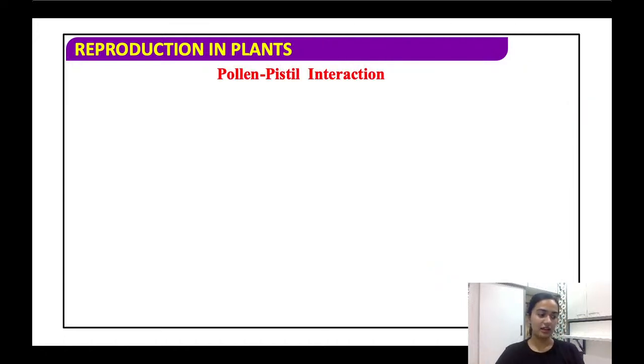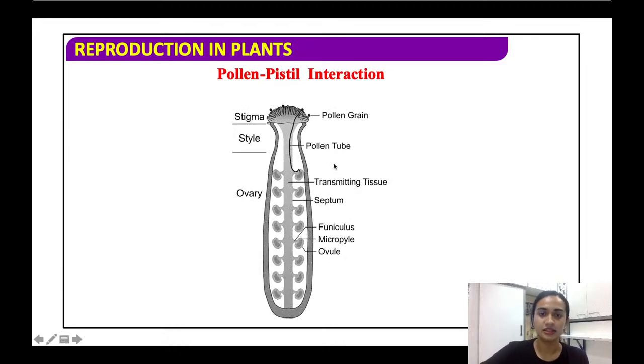Now, this is the stigma. You can see the pollen grains here. The pollen tube is also visible, and the ovary should be visible too, and the micropylar region and ovule integuments, these are all the secondary parts.